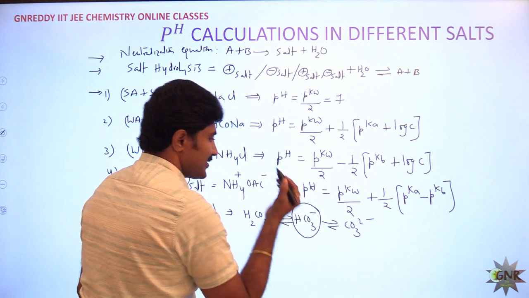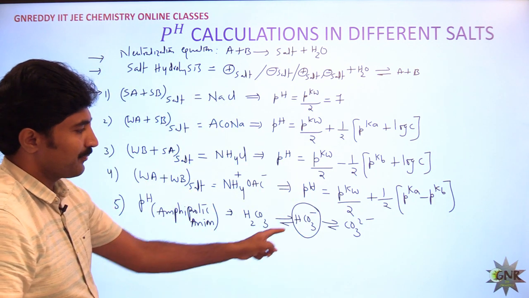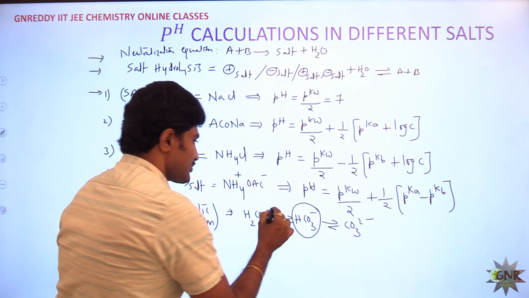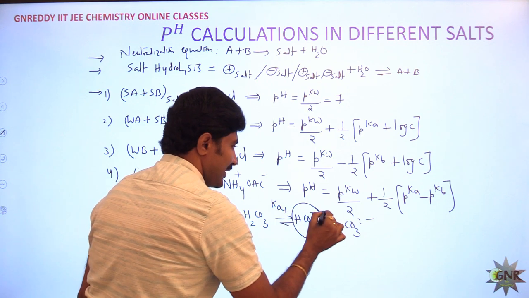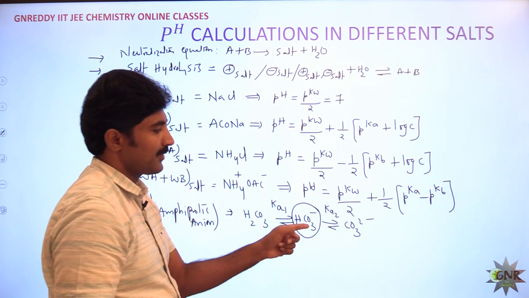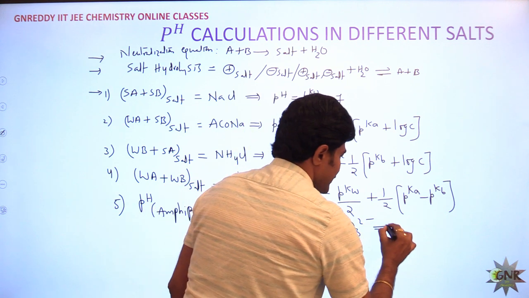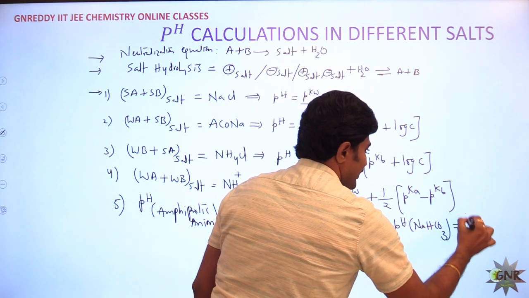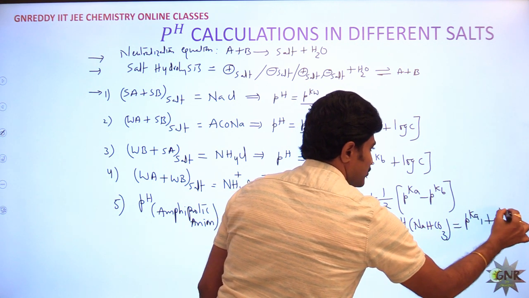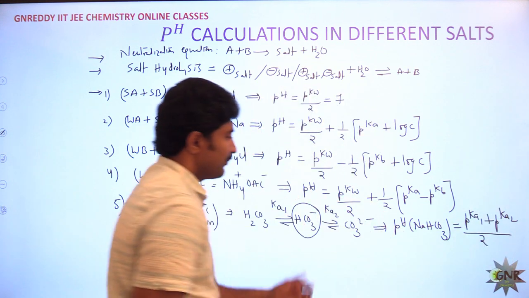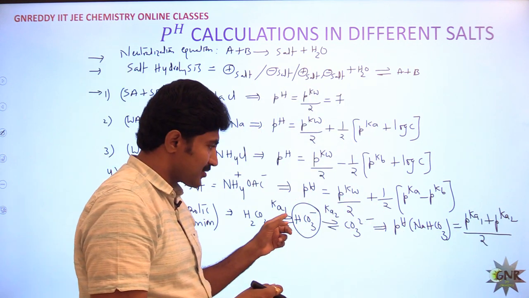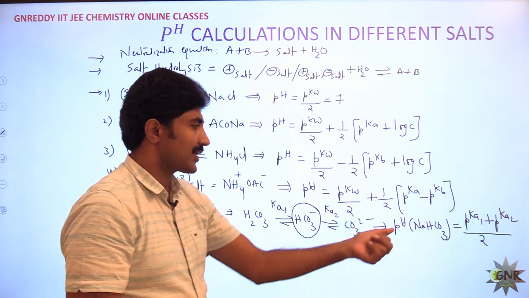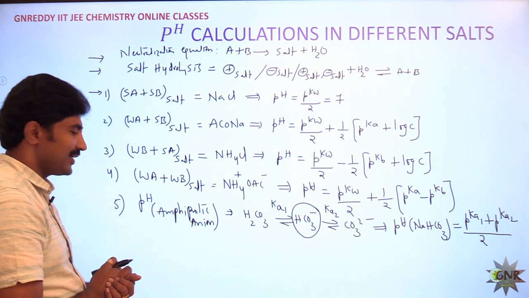Now HCO3 minus is the amphiprotic anion, which donates a proton and which accepts a proton. For this, the formal dissociation constant is there and the dissociation constant is there. Based on these we can calculate. So pH of the sodium bicarbonate model is pKa1 plus pKa2 by 2. By this you can calculate. That means the amphiprotic anion formation and dissociation constants, the pKa average values. Like that, in amphiprotic anions you can calculate pH values.